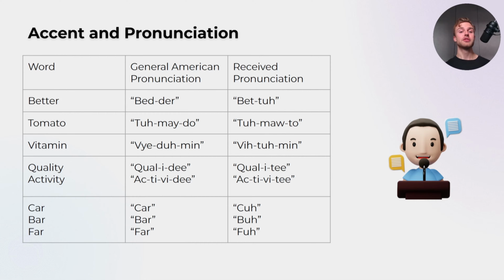In American English, we say tomato, but in British English, they might say tomato. Again, you can see the T sound in American English is more like a D, but in British English, it often stays like a T. In American English, we'd say vitamin. In British English, in received pronunciation, they might say vitamin.